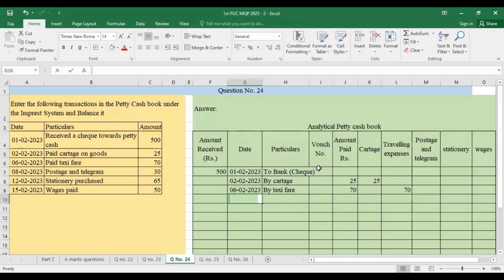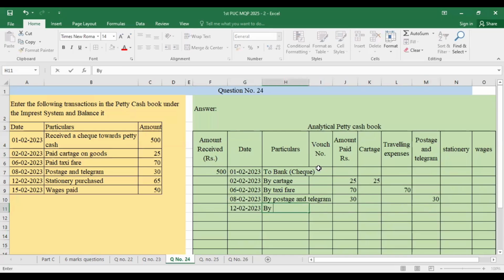Next, on 8th February 2023, they paid for postage, by postage and telegram. Total amount is 30. Under postage column, I'll write 30 rupees. Then some stationery has been purchased on 12th February.